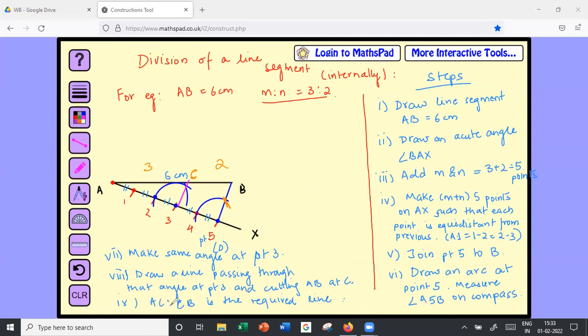AC is to CB is basically the required whatever, not exactly line. What do you call it? Required division.